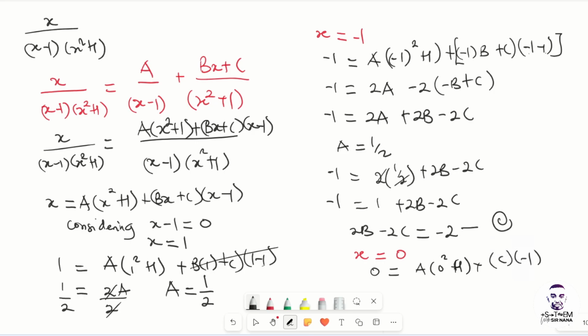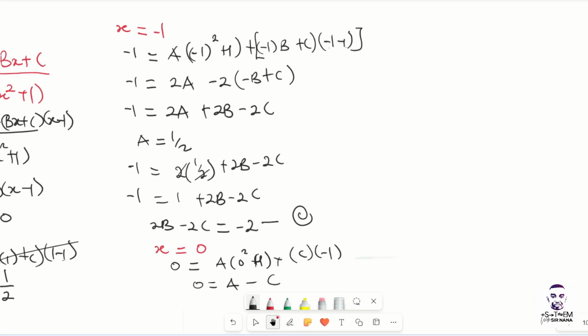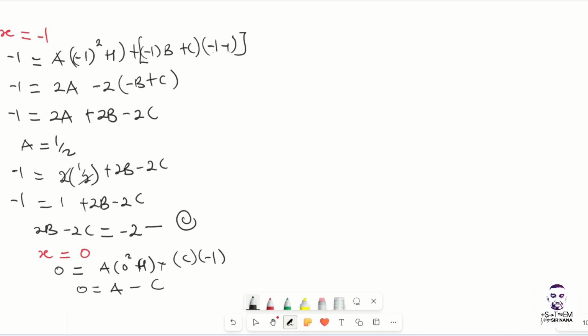So 0 multiplying -1 is 0, so we have 0 equal to a, 0 squared is 0, so 1 multiplying a is a, and then minus c. From this we can have a equal to c, and since our a is equal to half, then c will be equal to half.